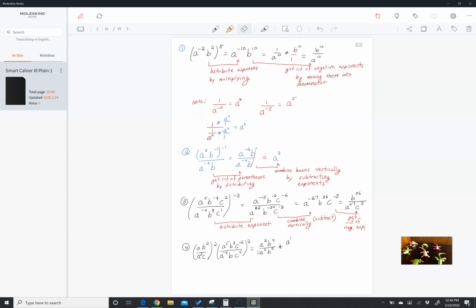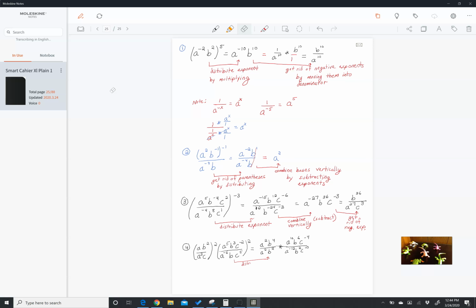So then we have a to the 10th, b to the 6th, c to the negative 4th, over a to the negative 12th, b squared, c to the 10th. And because we're multiplying, we can just extend this line. Okay, now this is the difference here. In each of the other cases, our next step was to combine vertically.